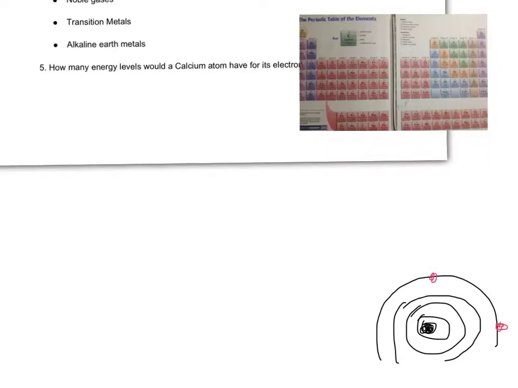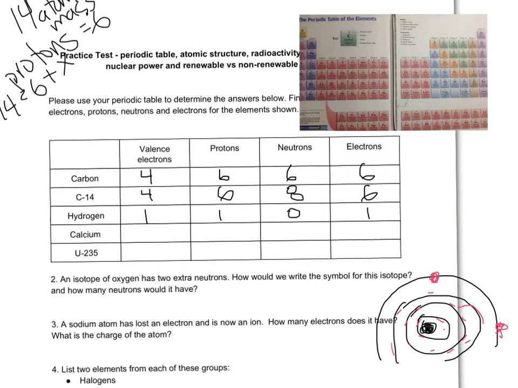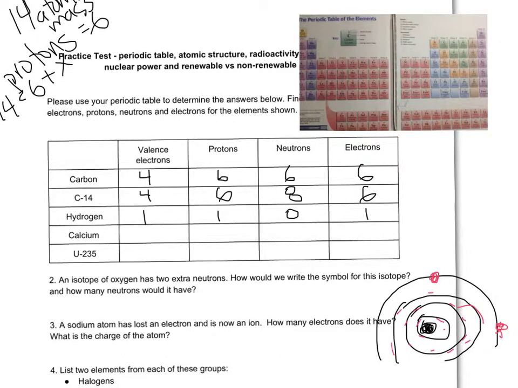So these are all filled up, and I'm not going to draw them all in. We'd have 8 here, 2 in the inner, and then 8 here. But 2 valence electrons in its outer shell for calcium. So we have 2 valence electrons.